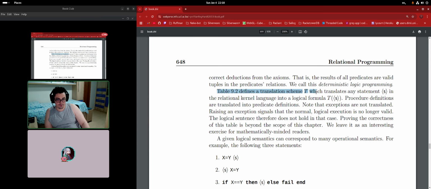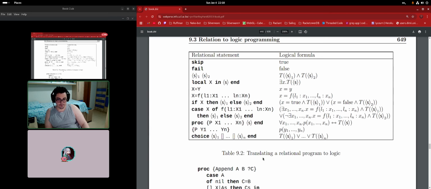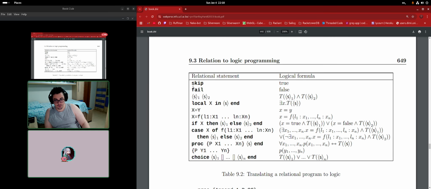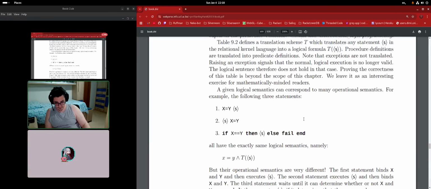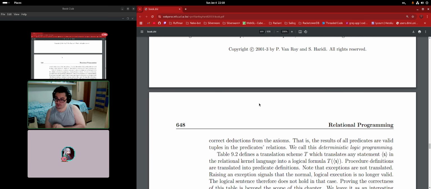And then we have a translation table that translates any statement S in a relational kernel language into a logical formula, which is this table here. This is a very nice table. There's a lot happening here, but essentially what you need to understand in this section is that the declarative model can already be understood as a logic program.